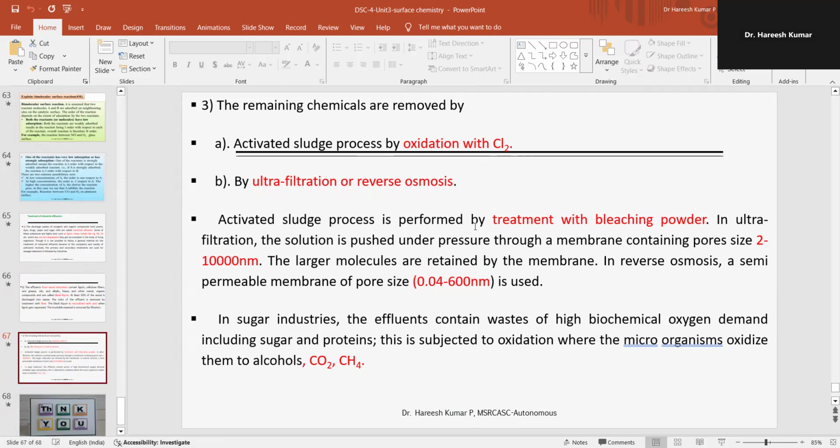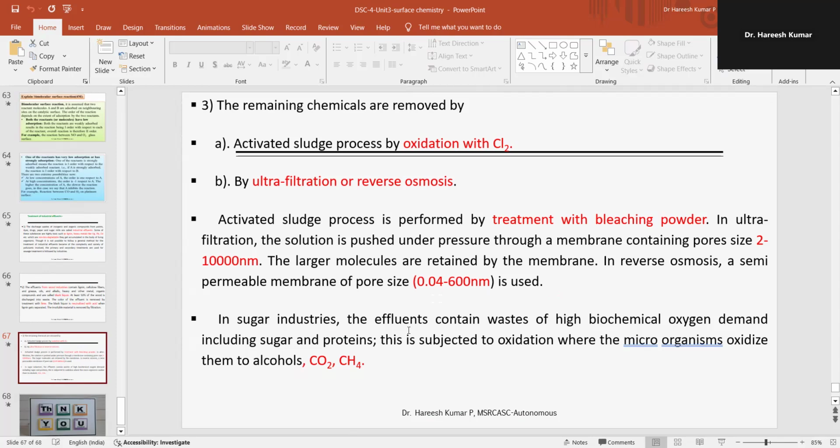The activated sludge process is preferred, along with treatment with bleaching powder. In ultrafiltration, the solution is passed under pressure through a membrane containing pores of size 2 to 10,000 nanometers. The larger molecules are retained by the membrane. In reverse osmosis, a semipermeable membrane of pore size 0.04 to 600 nanometers is used.